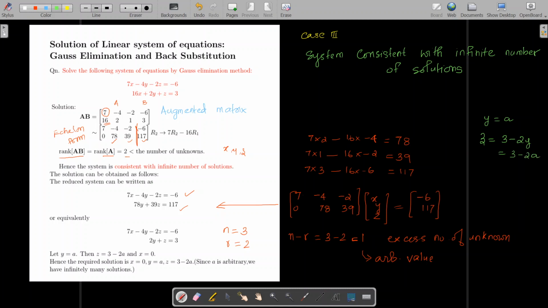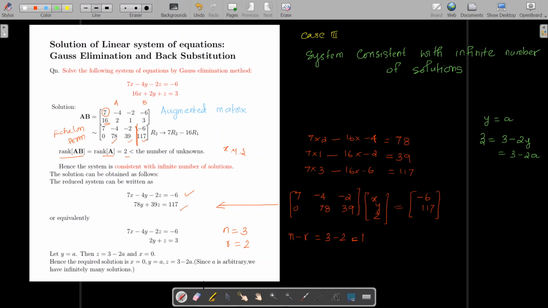Now we substitute y and z into the first equation, and from the first equation we have 7x equal to 4y plus 2z minus 6.